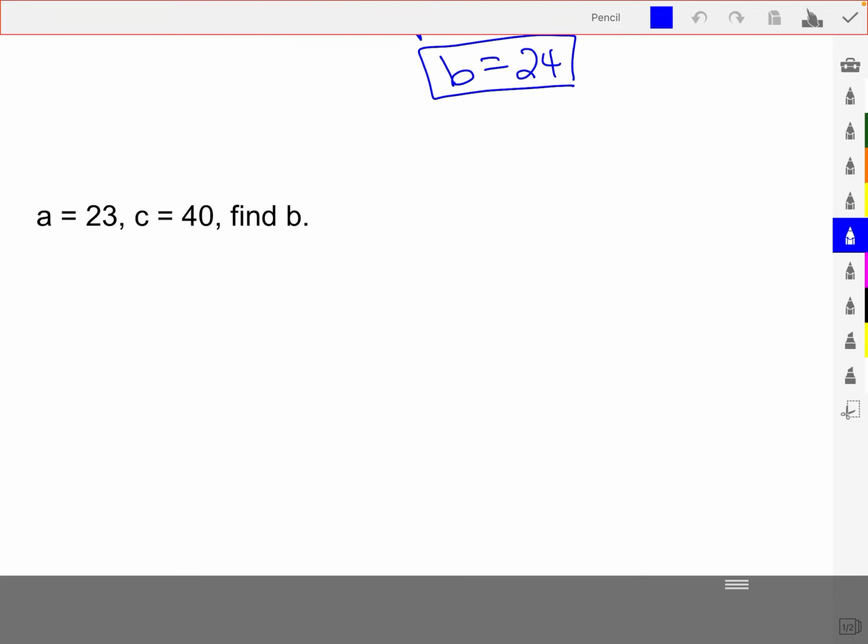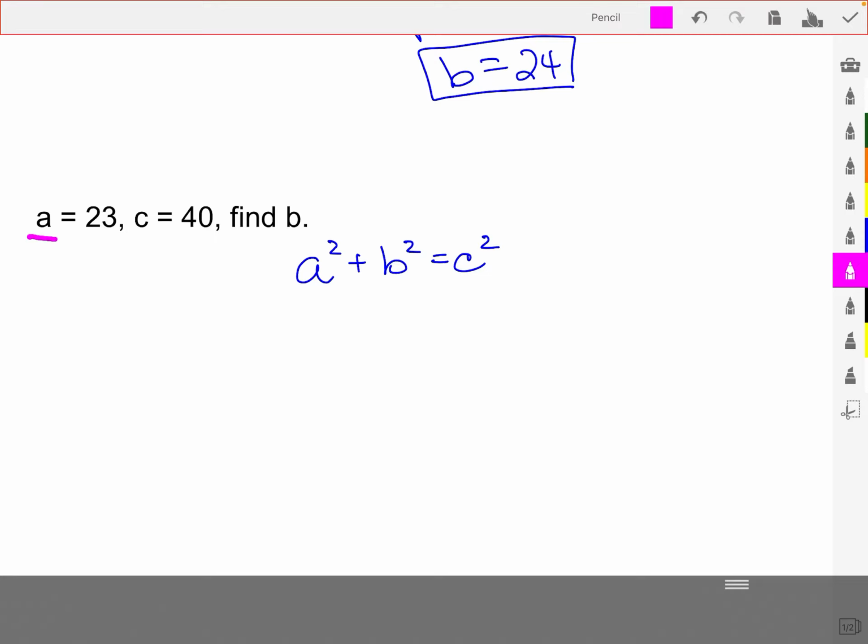Okay, one more. Just like on your Google form, you'll have one or two where I don't give you a picture, I just give you the a, b, c. We're going to do it the same way though. a squared plus b squared equals c squared. I'm given a and c, so I'm going to plug those in, and I'm looking for b.